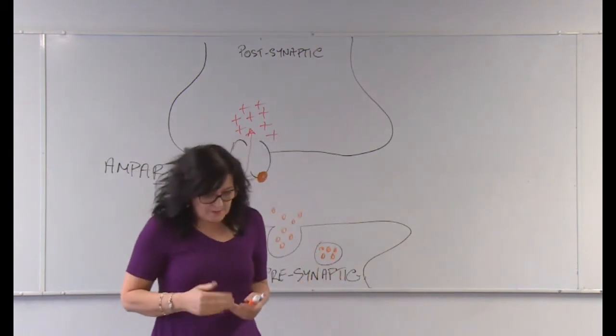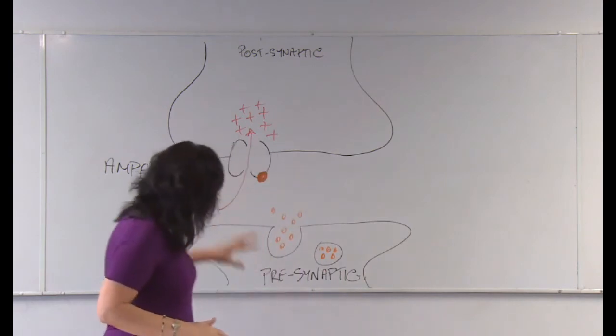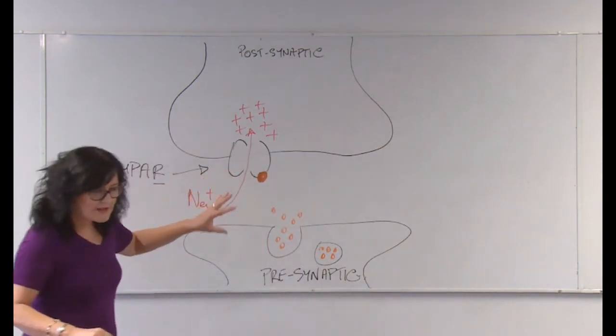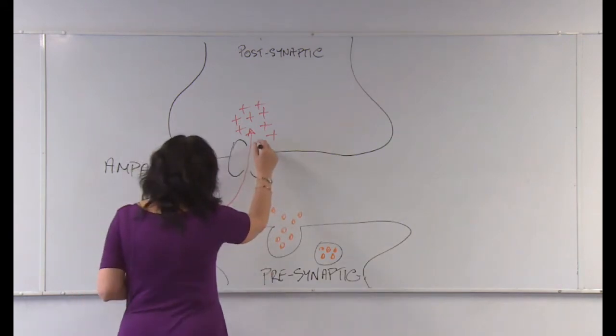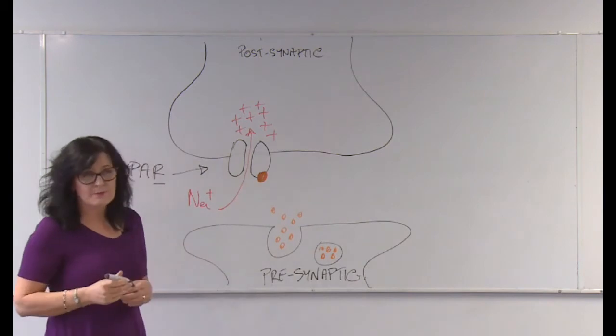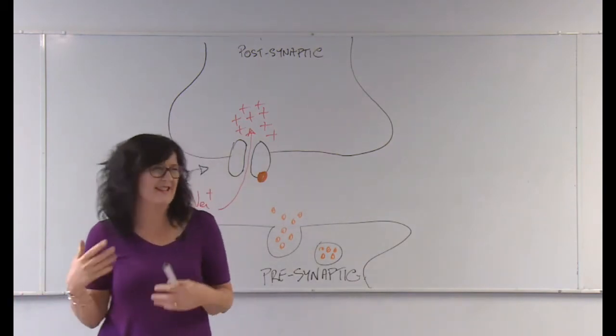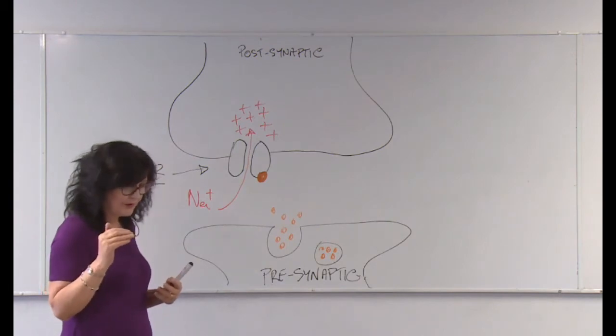The AMPAs open very quickly, they don't stay open very long, but they do create EPSPs, and really, they're just like our sodium channels before that we talked about with acetylcholine binding.